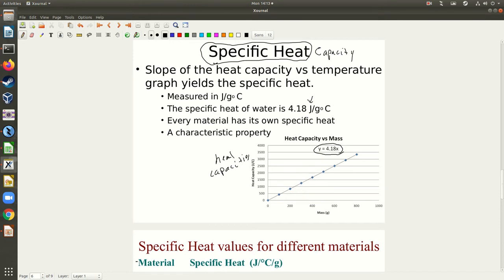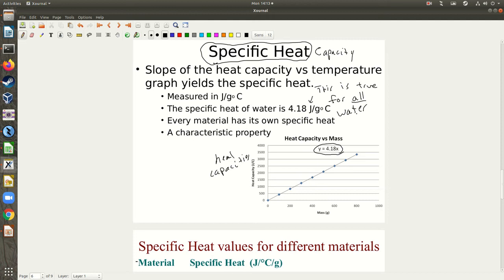The unique thing about specific heat is it's true for all of the substance. So this is true for all water. Now you're saying, well, what if the water has different properties? It's heavier water or lighter water. I don't know. It has more minerals in it or something. Yeah, it does have a little bit of a change, but for the most part, we're going to be dealing with standard conditions.